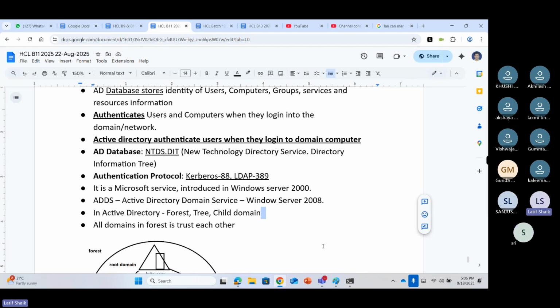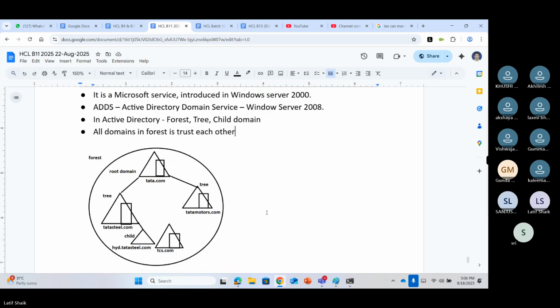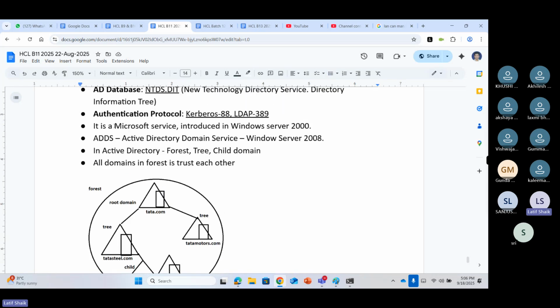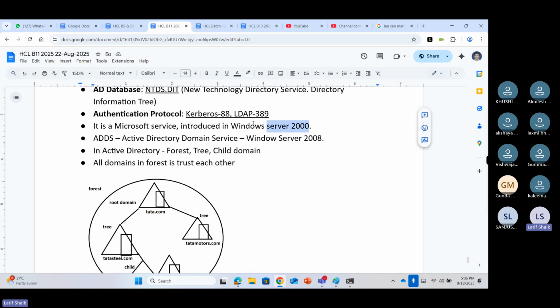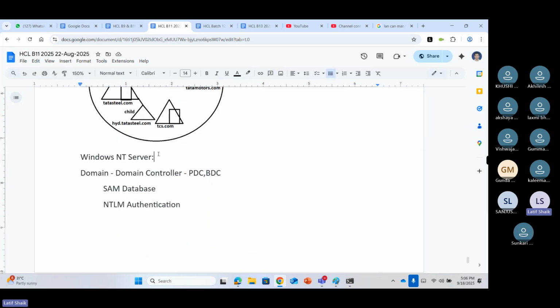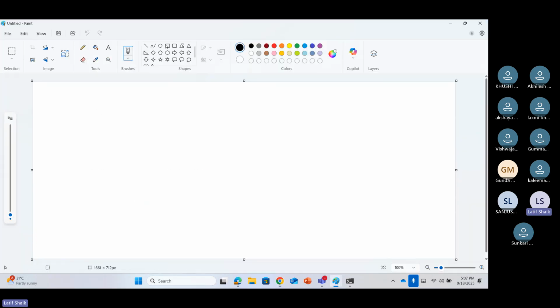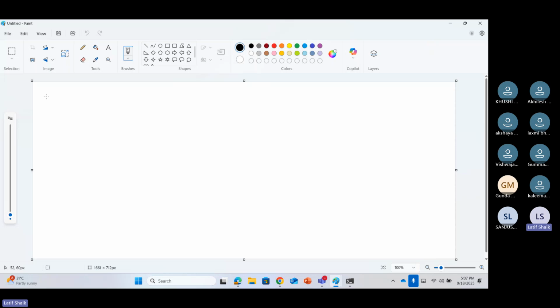So what is the continuity? Actually, when I said Active Directory was introduced in Windows Server 2000, before 2000 Server there was Windows NT Server also. The domain concept was introduced in Windows NT Server only.